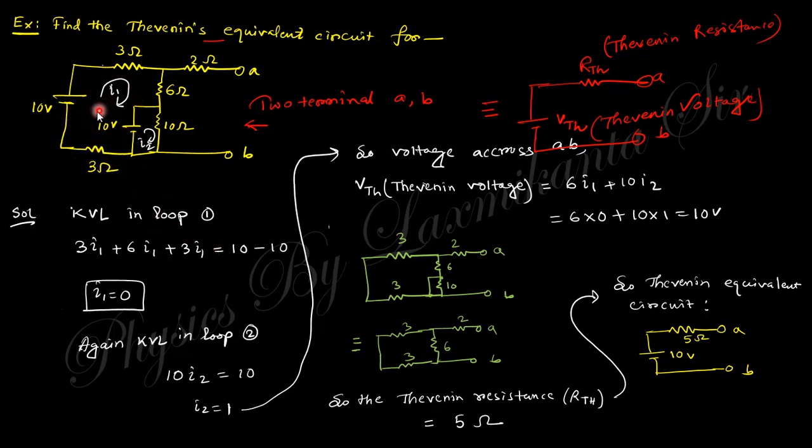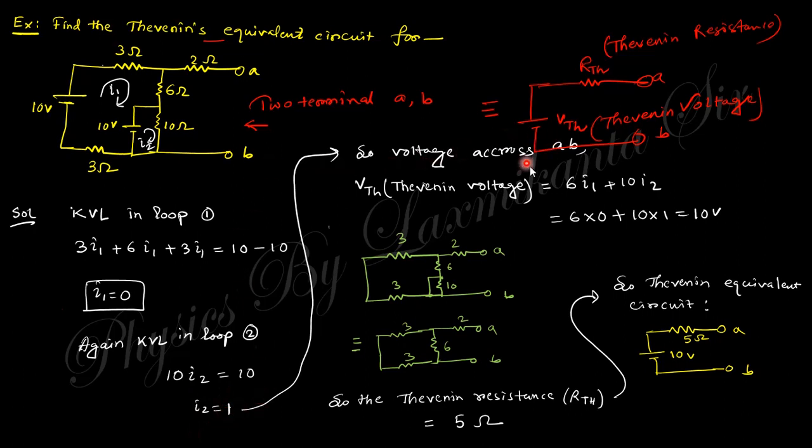I1 is 0, so there is no current in this loop. What about loop number 2? In loop number 2, you can see 10 I2 equals 10, because this is along that direction and this is the opposite direction, so I2 becomes 1.